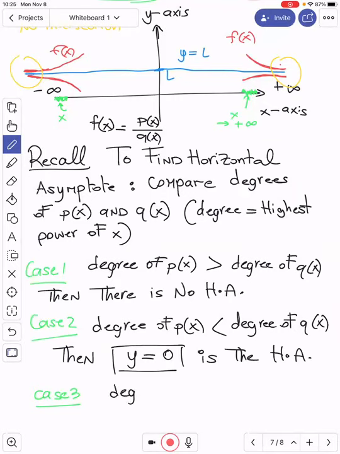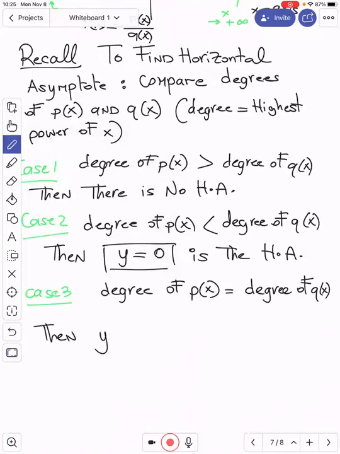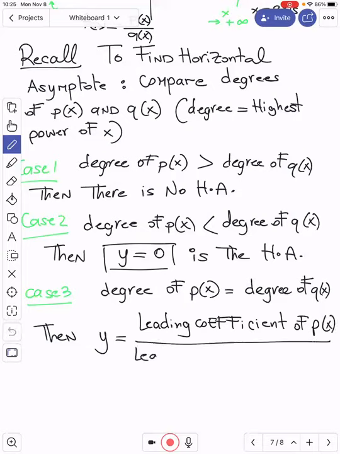So the degree of P is equal to the degree of Q. And then in this case, the horizontal asymptote is y equal to the leading coefficient of P, that's the number in front of the highest power of X of P, over the leading coefficient of Q. So this line is the horizontal asymptote.